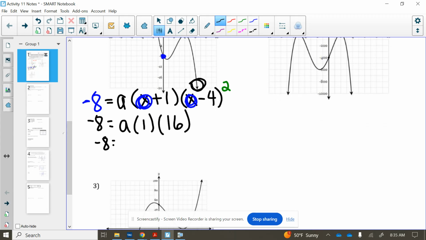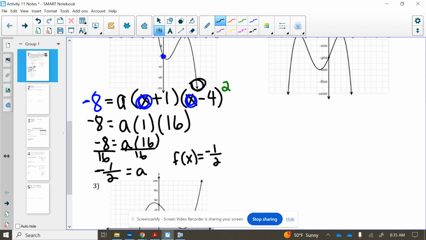And then we can solve by dividing this 16 over, and we find out that our a value is -1/2. So when we write the final equation here, we want to include that leading coefficient of -1/2, x plus 1, x minus 4, quantity squared.